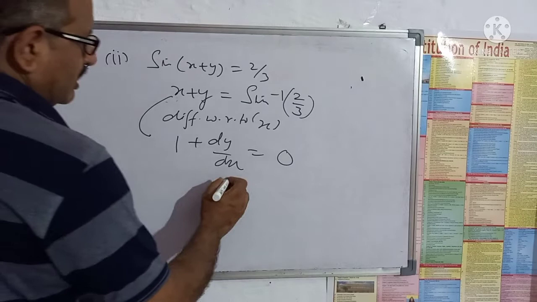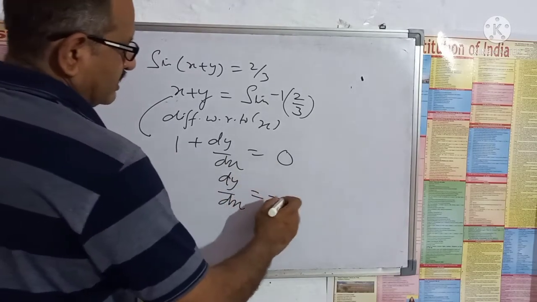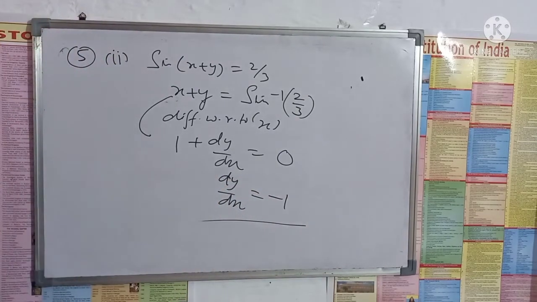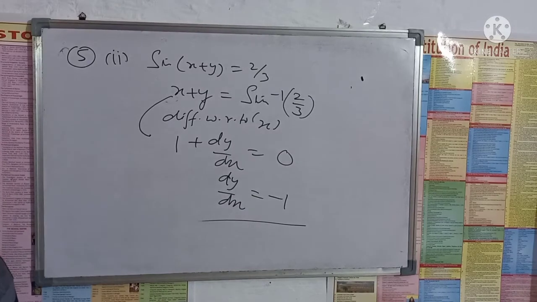So what will be dy by dx? Transpose 1 to the right side, minus 1. This is the answer. dy by dx is equal to minus 1. Let us see the next question, question number 6.